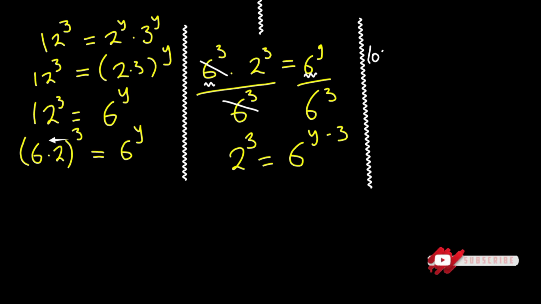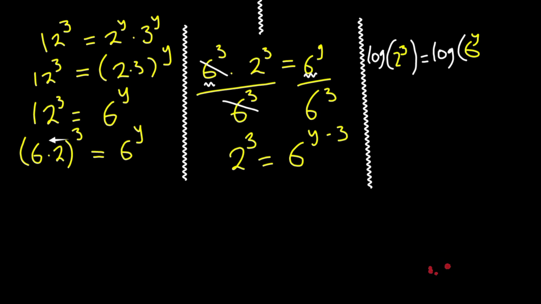So let's take log of both sides. So we're going to have log of 2 to the power of 3, and that equals log of 6 to the power of y minus 3. Let's make our log in base 6, log base 6, right? So that 3 comes behind and y minus 3 comes behind also.